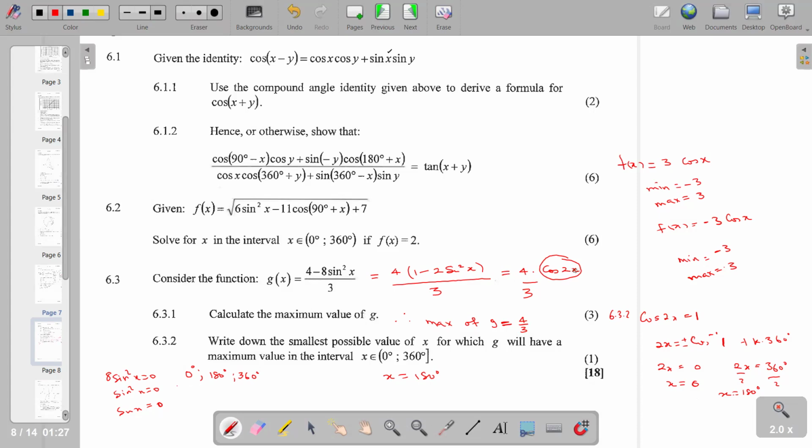So if you are to check, we can try to do that. You can test your answers, but take note 0 is already out, so we can't use 0. Number 2, if we substitute 180 there, we are going to talk of course 360.